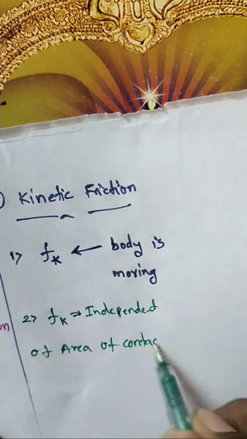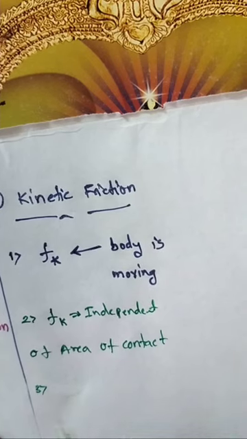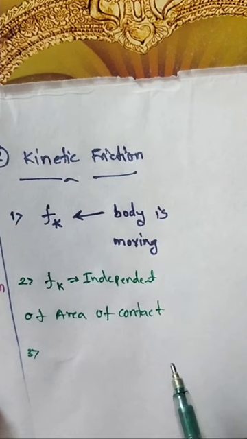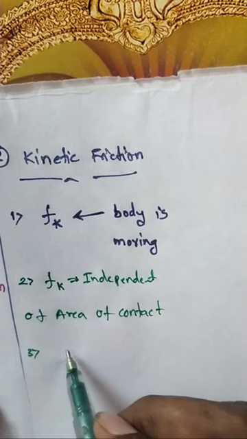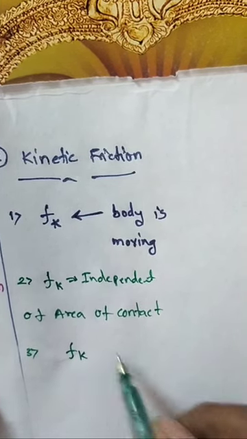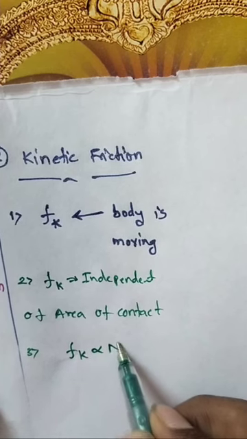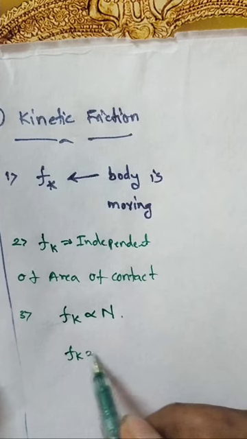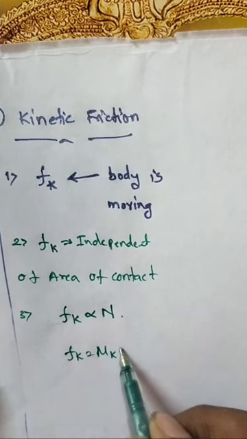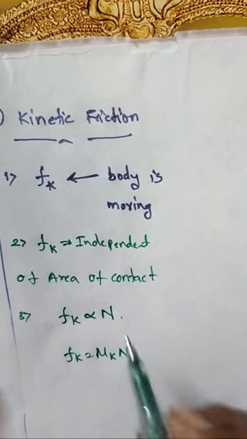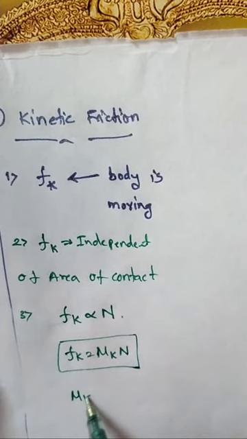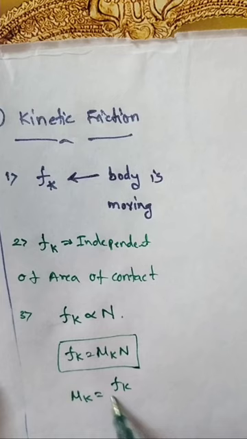It does not depend on the area of contact. Third, kinetic friction Fk is always directly proportional to normal force. So Fk is equal to mu k N, not mu s, mu k. Or mu k is equal to Fk by N.